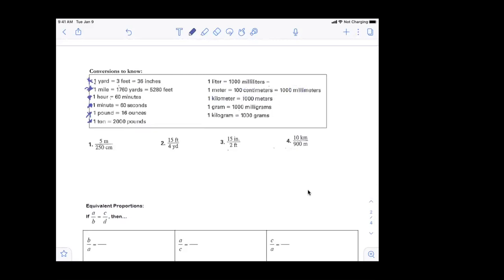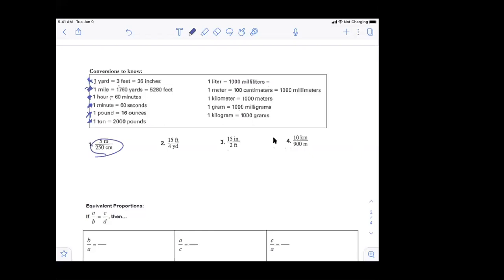The reason we're doing conversions, and I like doing this because you do this in chemistry too, so it's kind of cross-curricular, is that if I have a proportion or a ratio that's not the same units, it doesn't count as a ratio. Like 5 meters to 250 centimeters, we're not speaking the same language on top and bottom.